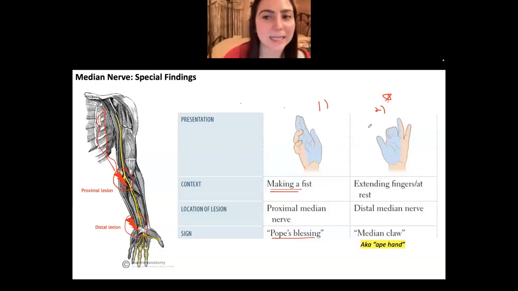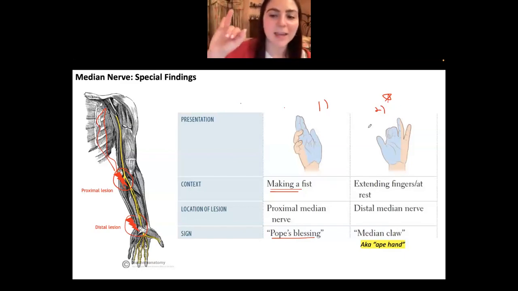But in terms of a distal lesion, it's the opposite. You have the hand closed and you say, hey, can you extend your fingers? And remember, with median nerve stuff, there's no issue with extending the pinky and the ring finger. That's radial nerve.